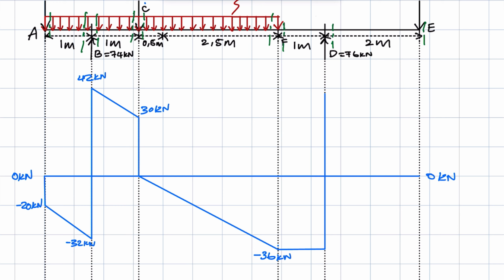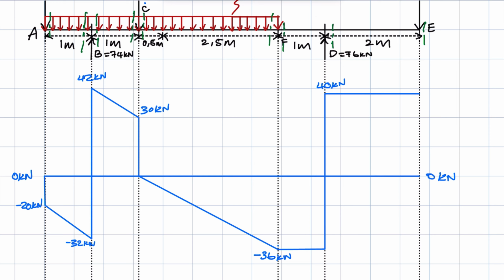And then now we go to the last section. Remember, our reference point is now 40 kilonewtons. So because there's no UDL between D and E, you simply draw a line going straight across. And so this line is going to be right there. And then when we get to this point, the only force to consider is a negative 40.